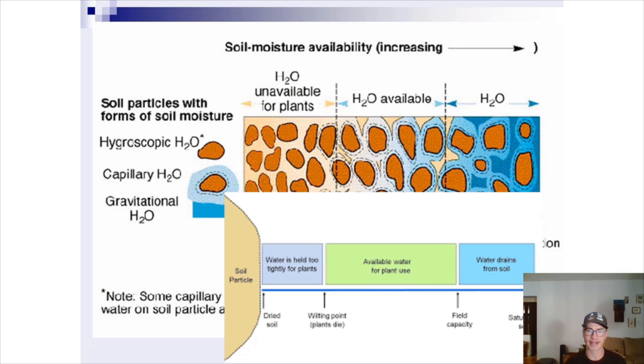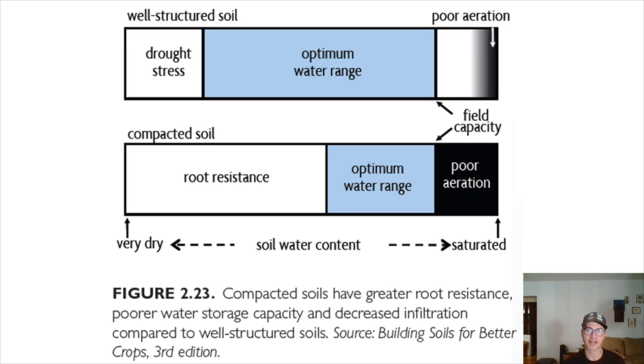So not too tightly that they can't get at it, but also tightly enough that it doesn't just drain away. And you can see that here in this image of the optimum water range, which in a well-structured soil is much wider, from being too poorly drained, too saturated to have enough oxygen for roots to grow, to having enough water that we don't get to that permanent wilting point.